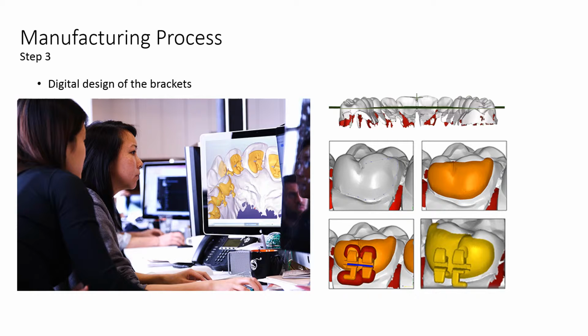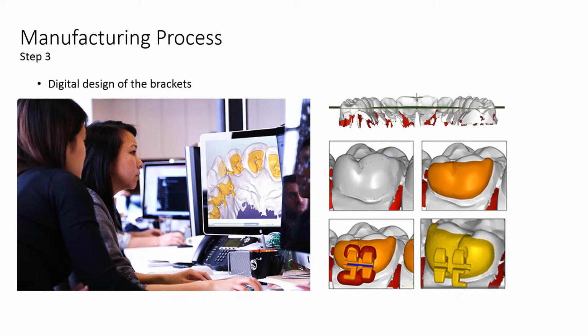So when we have accepted the setup, the company of Incognito will design the bracket base depending on the tooth surface, with any kind of superstructure on top, whether a bracket, a tube, a band, a button, a palatal bar, Herbst device, or Forsus device.